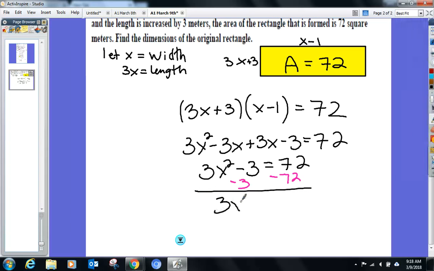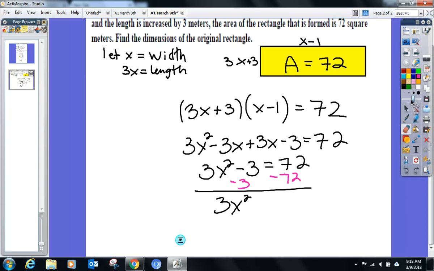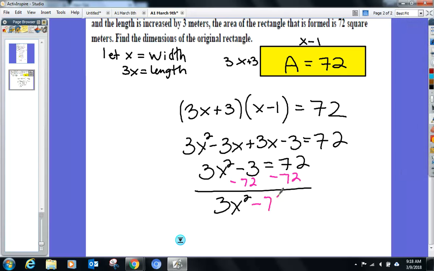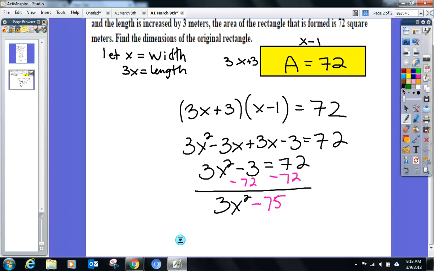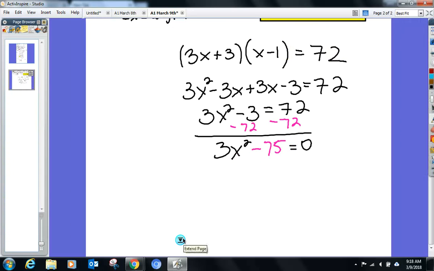We'll end up with what here? 3x squared minus 75, yeah, equals 0. Ooh, anybody worried? Because those aren't perfect squares yet. GCF, what is it? Yeah, take out a 3.